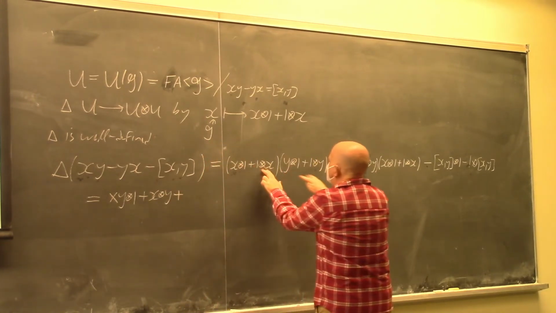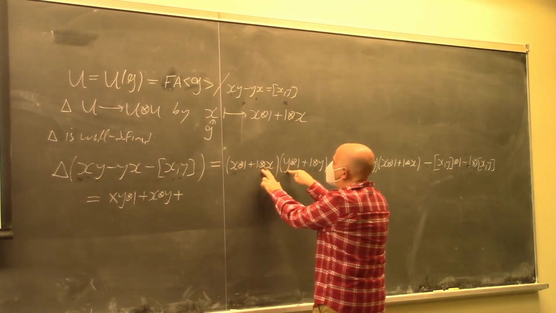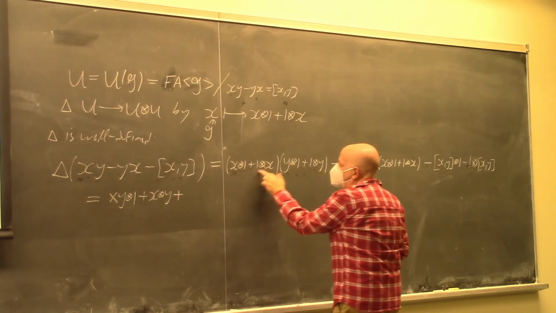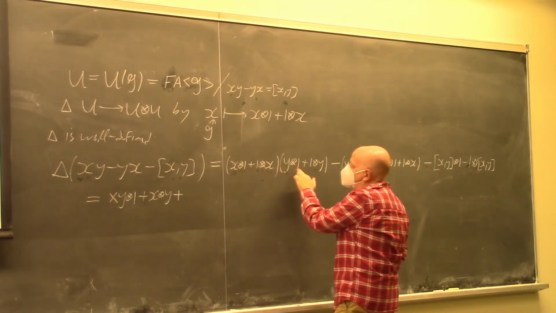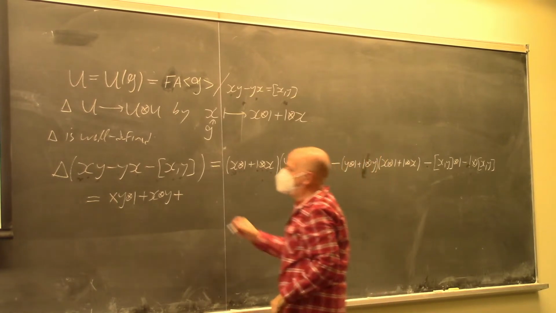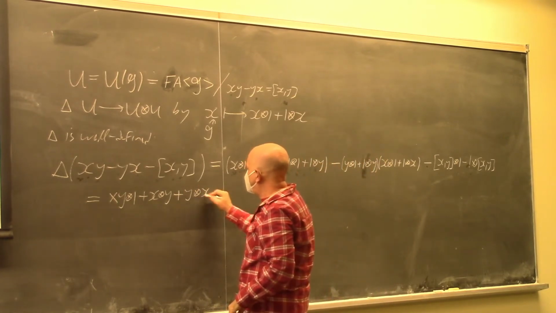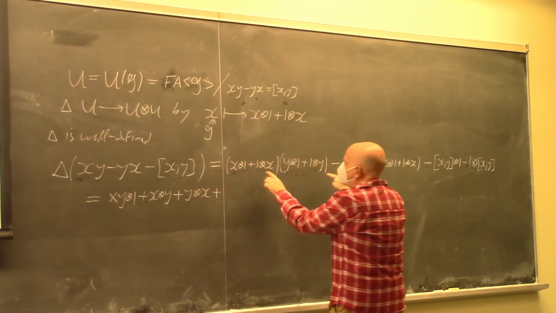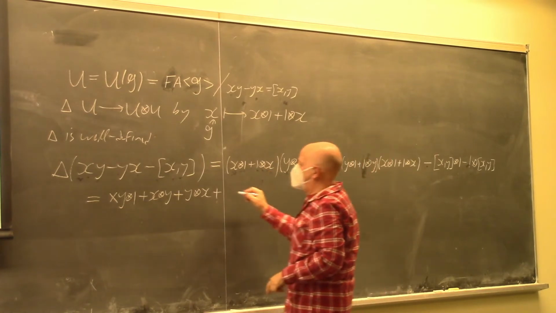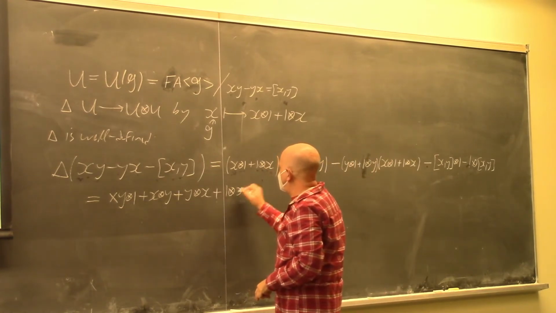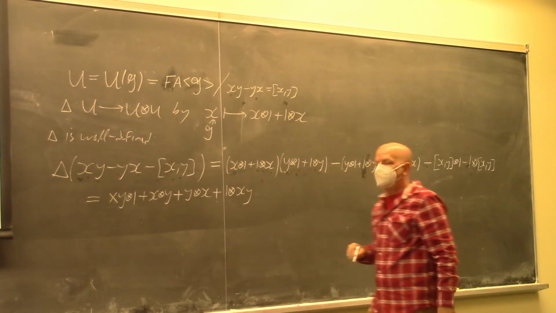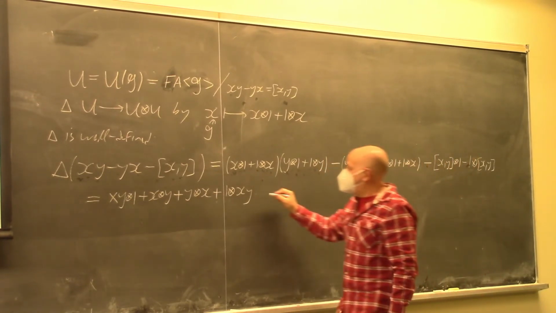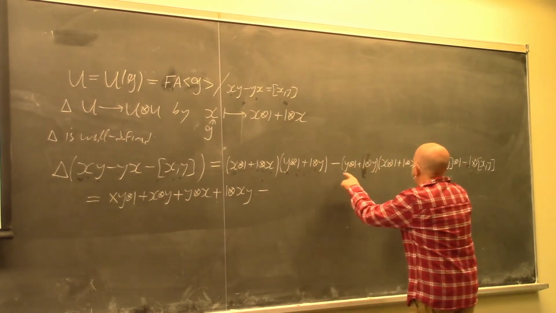From here and here you get 1 times y in the first factor and x times 1 in the second factor, so it's y tensor x. And from this and this you get 1 tensor xy. From this I'm subtracting that.